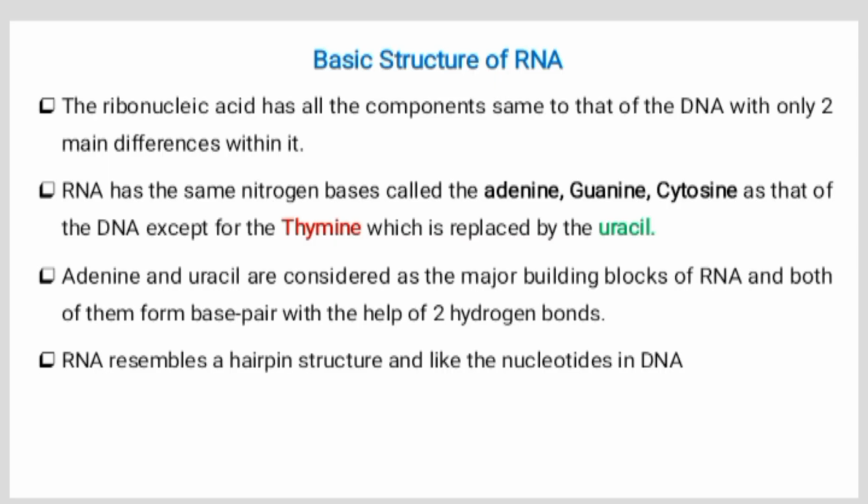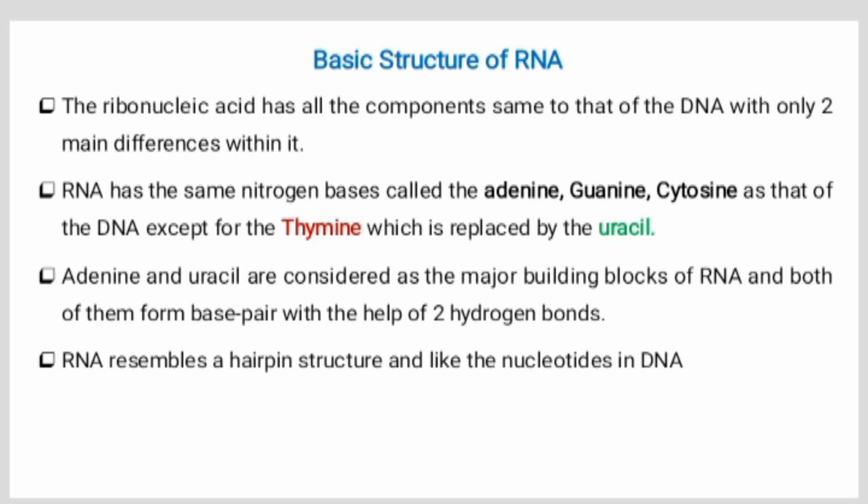Basic structure of RNA: ribonucleic acid has all the components same as those of DNA, with only two main differences. RNA has the same nitrogen bases, adenine, guanine, and cytosine, except thymine. The thymine is replaced by uracil.